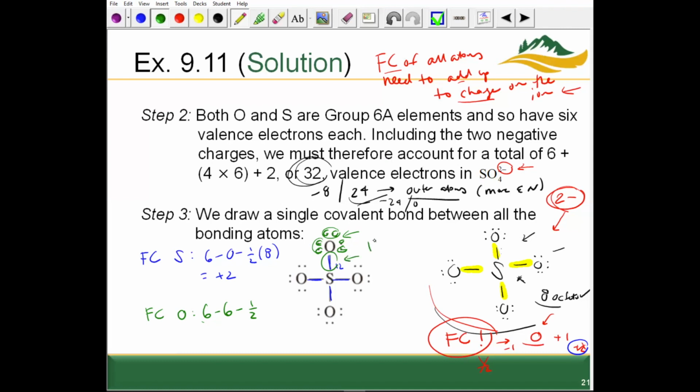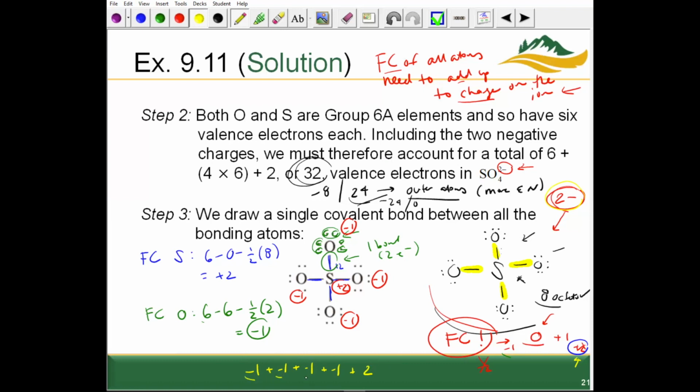There's one bond from oxygen that contains 2 electrons, so we put in 2 here. 6 minus 6 is 0, minus 1 then, 0 minus 1, that's -1. That's okay. So that means at this point, every oxygen has a -1 formal charge, and then our central sulfur has a +2 formal charge. Not ideal for the sulfur, but let's see if these all sum up to be -2 for a SO4 2- anion.